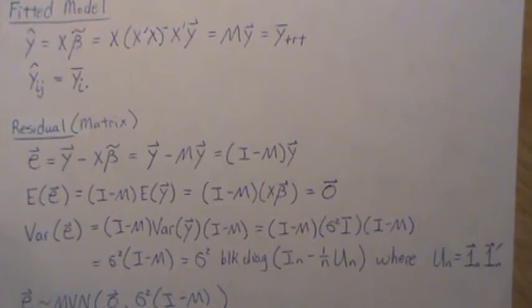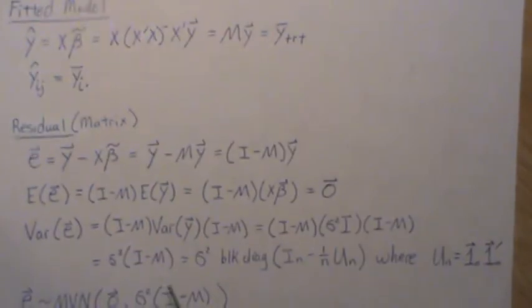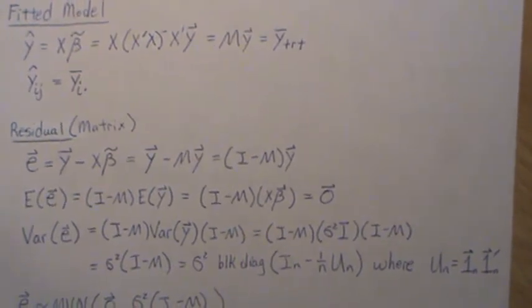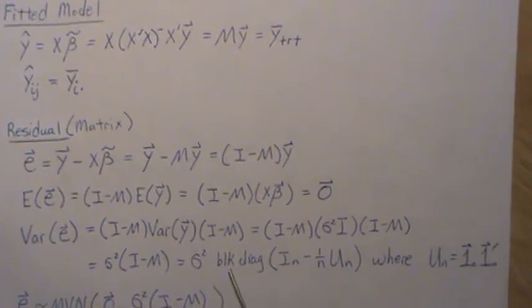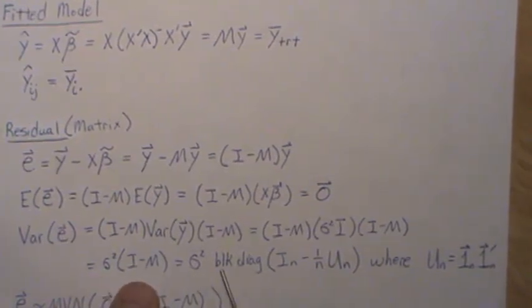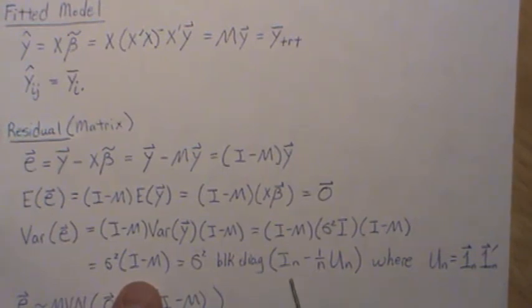In previous videos, we looked at the structure of this, and I think it's important to remind ourselves, because we want to look at what happens asymptotically, as n goes to infinity. The sigma squared stays the same, and then this is what we'd call block diagonal with I minus J, where J is a matrix of 1's divided by n.